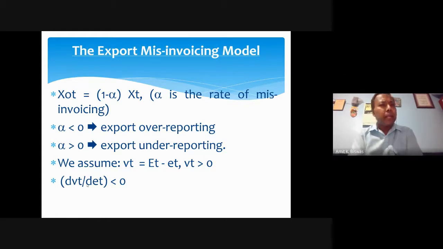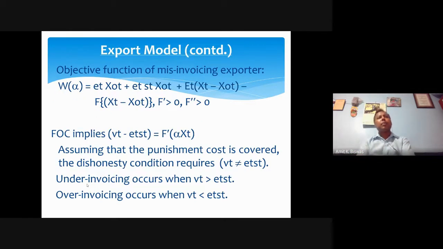These are the simplest ways we could write down the stories, the way we started the stories so far. And now, as a rational exporter, what would I stand to gain or lose if I do not report properly?